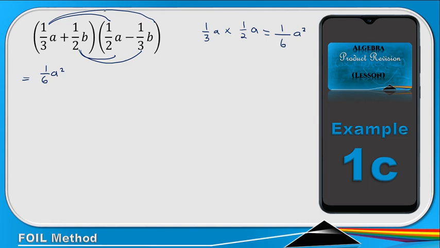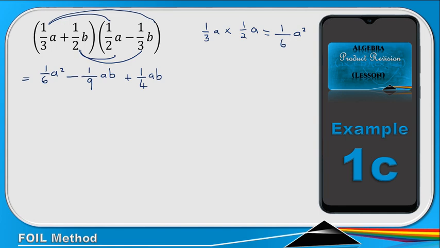Then we have to multiply it with the second one, so we've got a positive multiplied by a negative, that gives me a negative, and then 1 times 1 is 1, and then 3 times 3 is 9, and then a times b is ab. Alright, and then finally we've got 1 over 2b times by 1 half a. If we multiply those out, we get plus, because both are positive, 1 over 4ab.